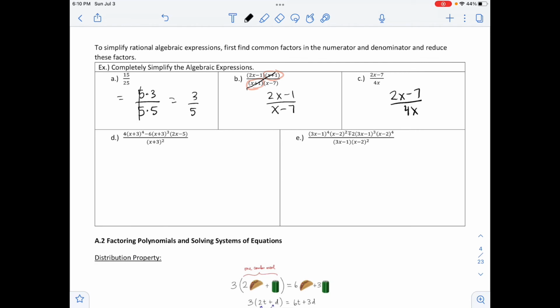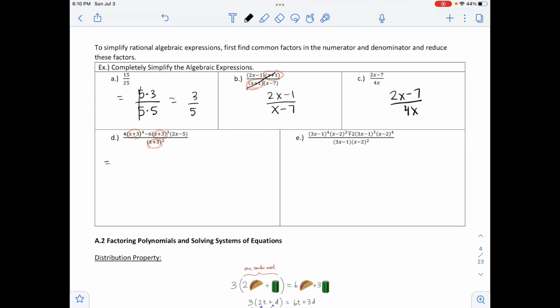Part D has been extended, and if you notice, we have x plus 3 in the denominator, and we also have an x plus 3 in both of the terms in the numerator. And so what we're going to go ahead and do first is factor out that common term in the numerator. And so factoring it out, you have 4 x plus 3's in the first term, and you have 3 in the second term.